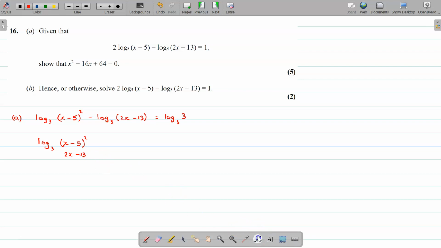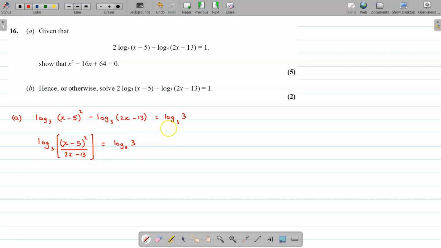I'm just going to put that in its own large bracket, which is necessary to avoid any confusion. So that expression there, if you took the log of that to base 3, it would equal the log to base 3 of 3, which is of course 1.